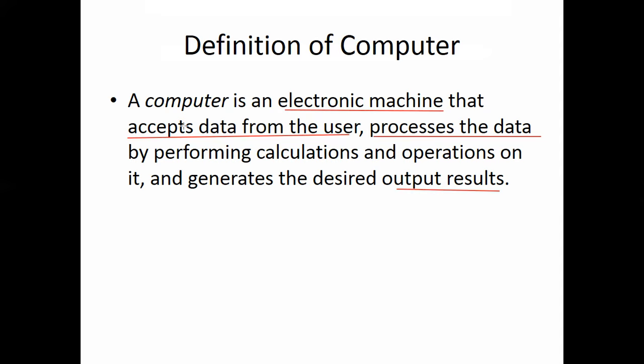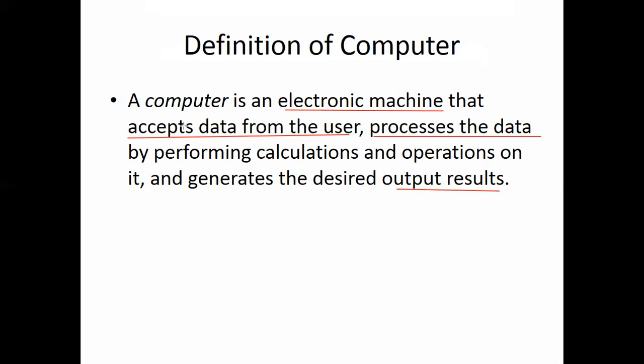Users should be able to give it the data, the inputs that they want worked on. So if there's a machine that doesn't have a provision for accepting inputs from the users, then such a machine doesn't qualify to be a computer.